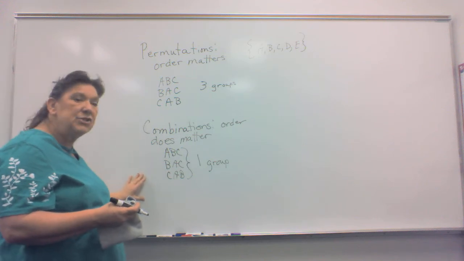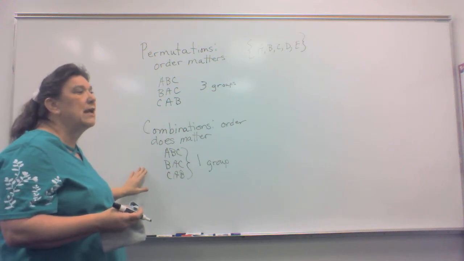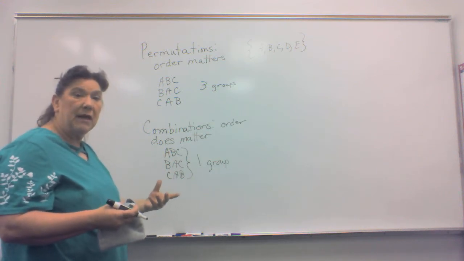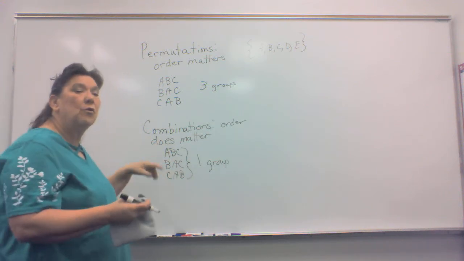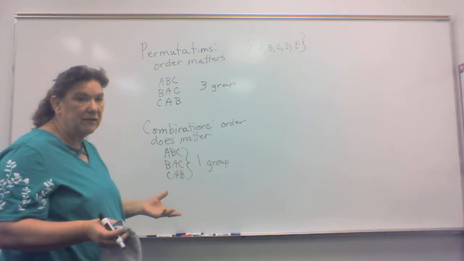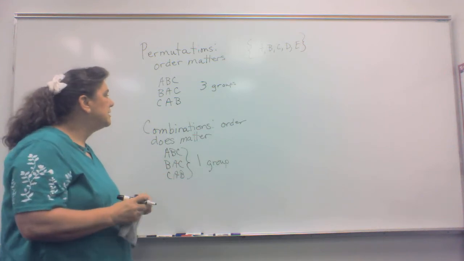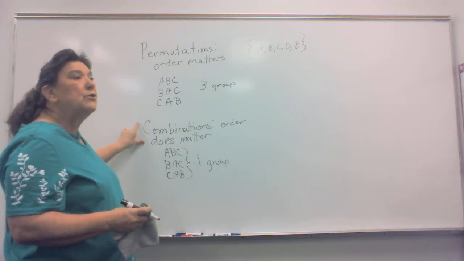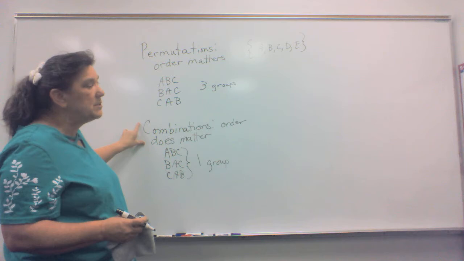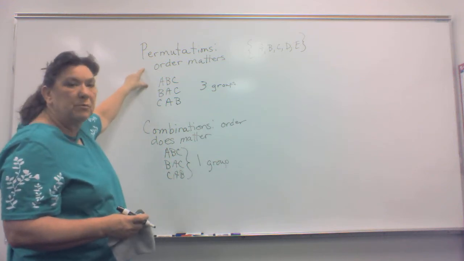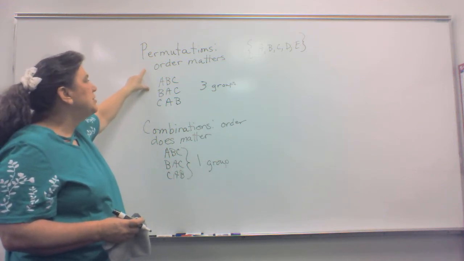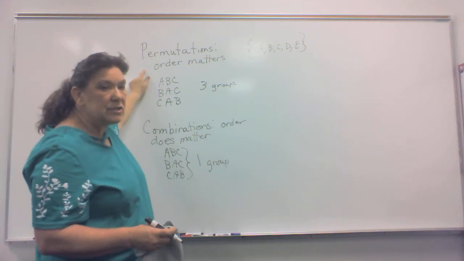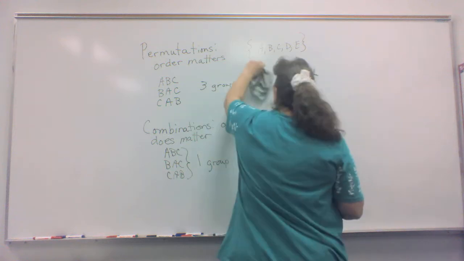Whereas combinations, you're going to be looking for words like select a group, select a committee, something like that, where the order in the grouping has no significance at all. So you can see that if we use combinations, we are going to have a smaller sample set than we will with permutations. With permutations, you'll have a much larger sample set. So now let's look at what are the formulas that determine these two.